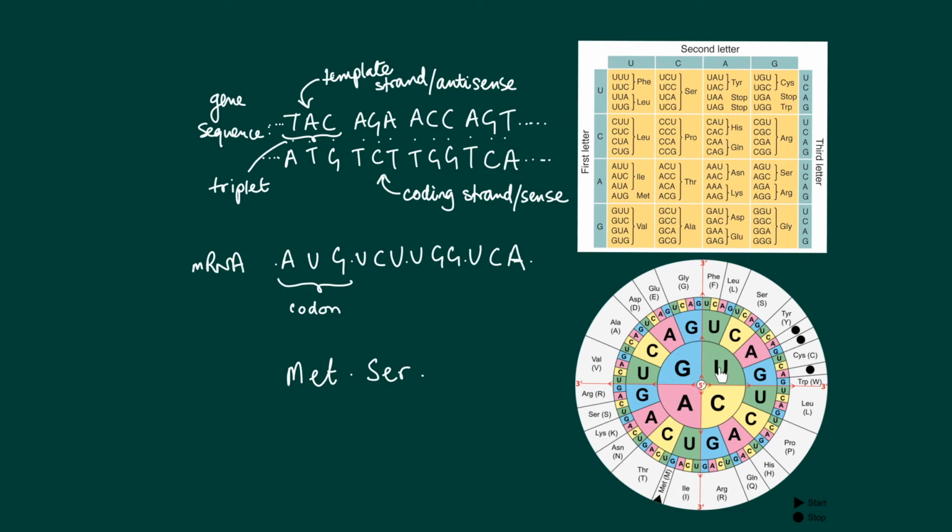First one U, second one G, third one G, Trp, tryptophan. And finally we have UCA, so U, C, and A gives us serine again.